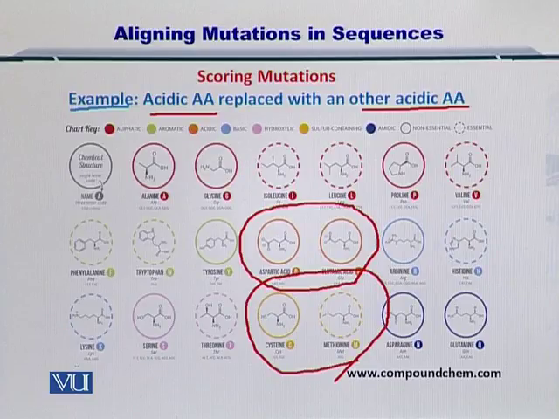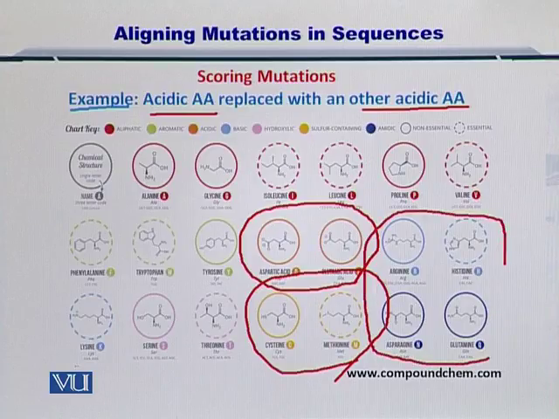The probability of an acidic amino acid replacing another acidic amino acid is high as compared to the replacement of an acidic amino acid with a basic amino acid. So the basic amino acids are shown here. So it's quite interesting to observe that if one amino acid is substituting another amino acid, then we may be able to grade that substitution or score that substitution.